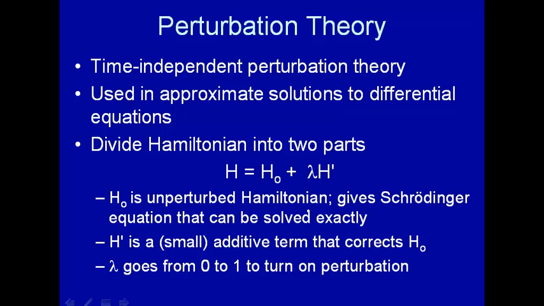And then H prime is a small additive term. This works, as we'll see, there's first, second, third order perturbation. If you want to stop at, say, first or second order perturbation, that implies that this perturbation Hamiltonian is actually small compared to that.